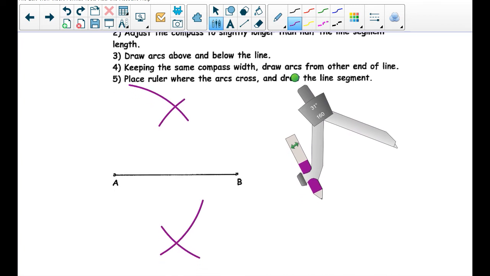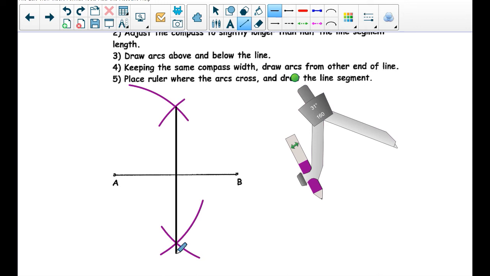And again, I can then draw a line through the two intersection points. Okay? And it splits that line, or bisects this line, if I make this point C, AC is congruent to CB then, bisecting that in half.